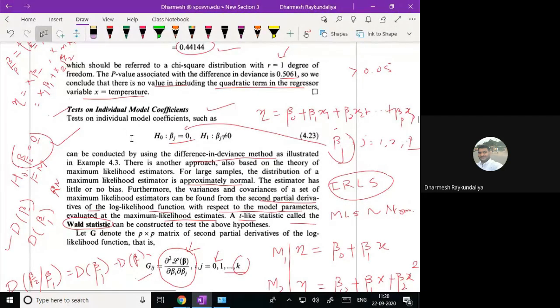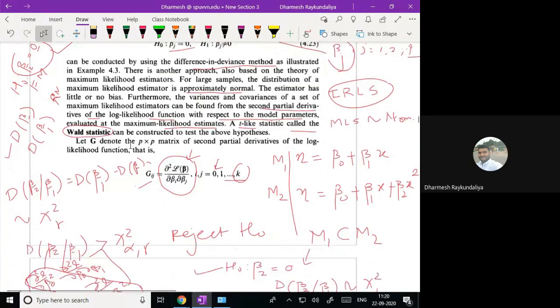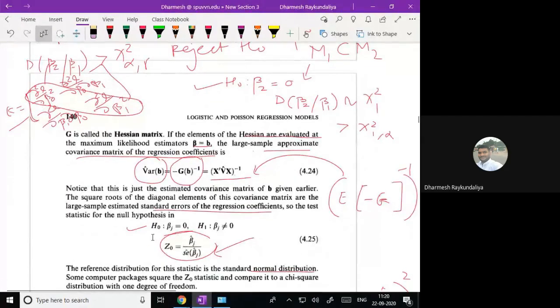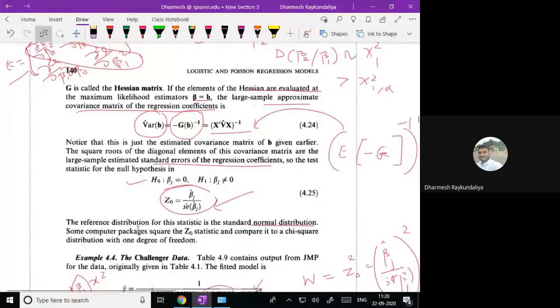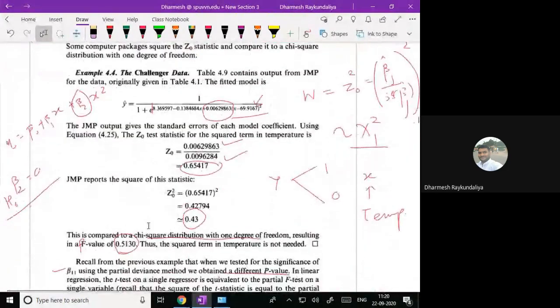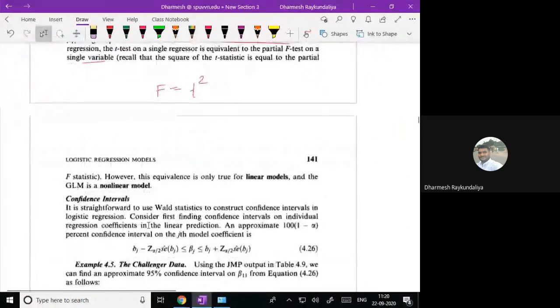And then when you take the ratio of the estimate divided by the standard error of the estimate of beta called B, it is giving the Z0, and that is a statistic which has the normal distribution, and then the square of the standard normal is nothing but the chi-square 1. So you have to just compare the Z0 square with the chi-square 1 and take the decision. So there are two approaches you can proceed.